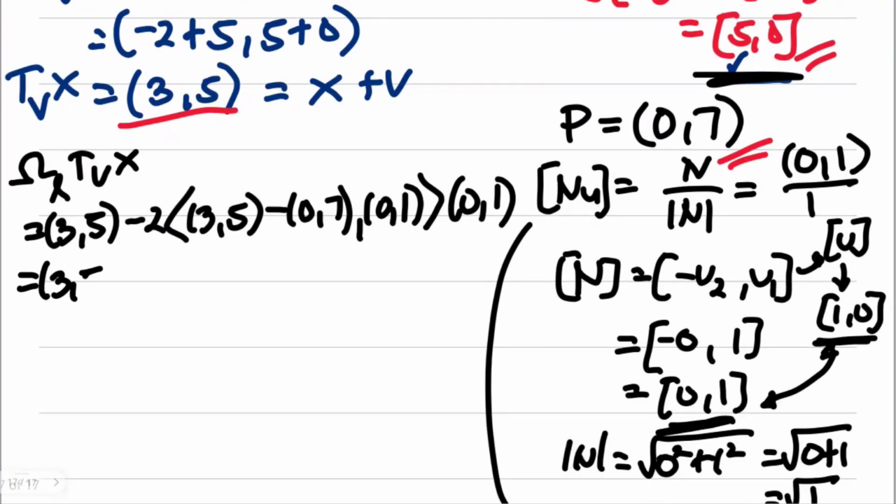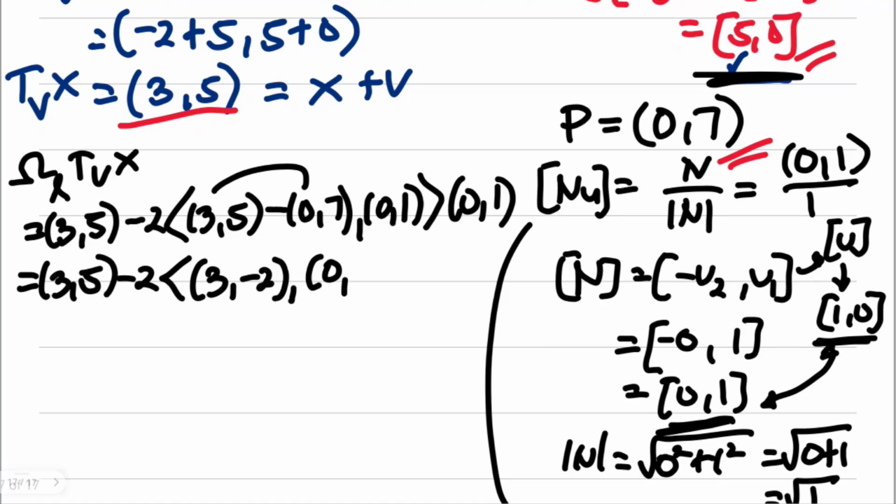3, 5 minus 2. So 3 minus 0 is actually 3. 5 minus 7 is minus 2. Then you will have to take its inner product with 0 and 1, and then you will have your 0, 1 here as well. Take note that the result of this is a scalar quantity.